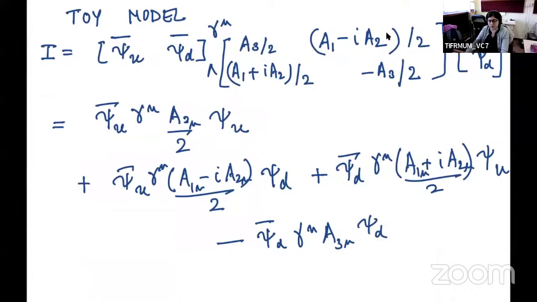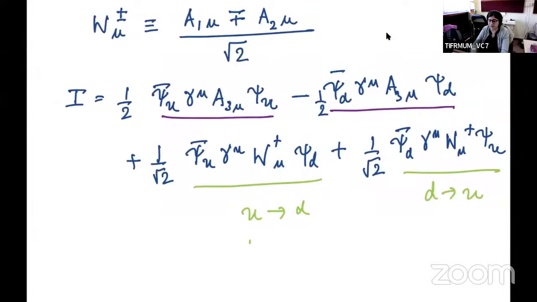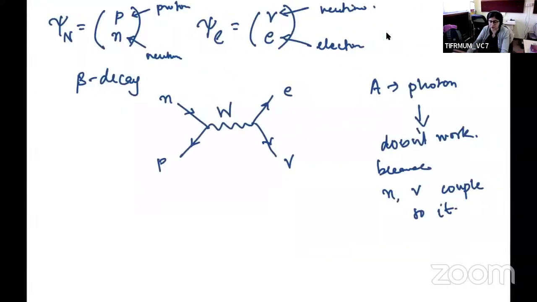And then we wrote down this toy model with SU2 that gave us a model of describing the beta decays, but it's not a very good model because it has all these problems. Okay, so that's a quick summary of what we did today. So do you have questions? Do you want me to repeat something?